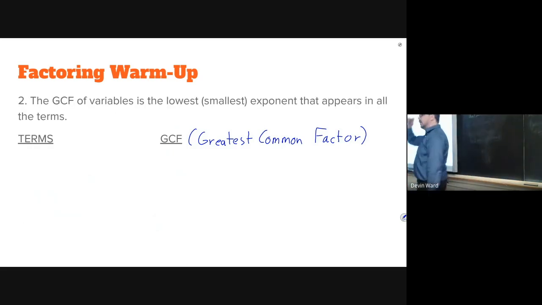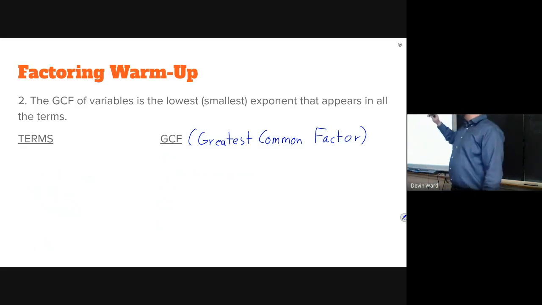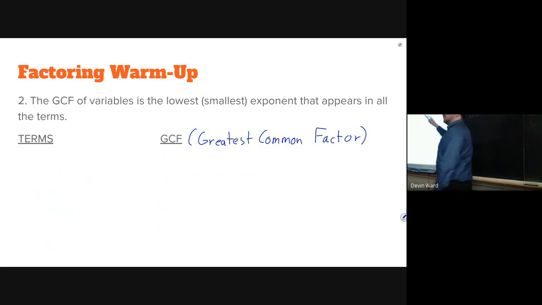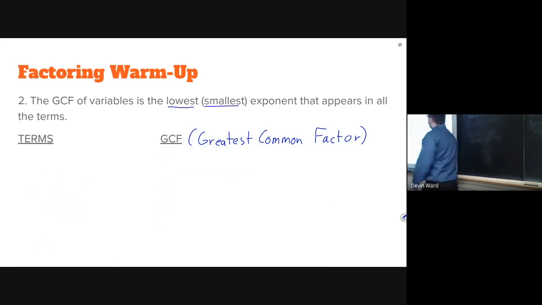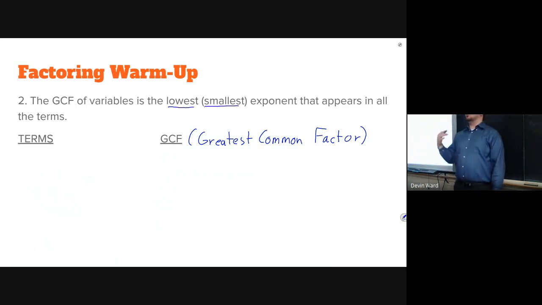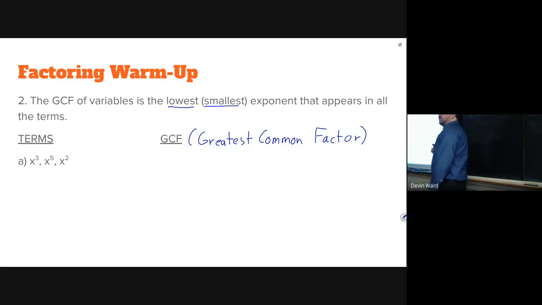When we talk about variables, though, we want the lowest exponent, the smallest exponent that appears in all the terms. Do you remember what happens when you divide common bases with different exponents?